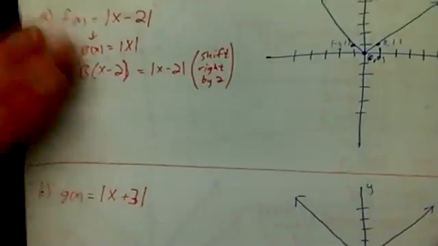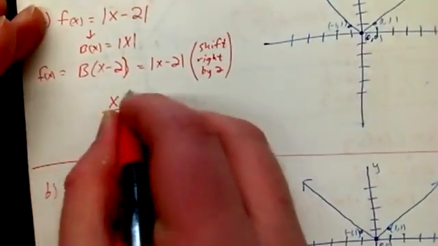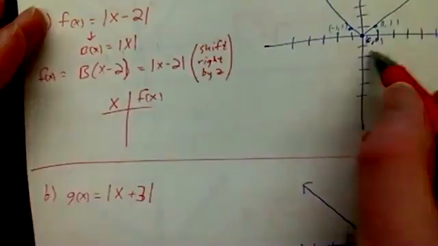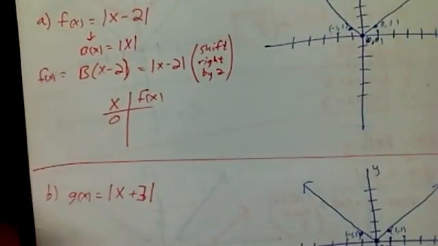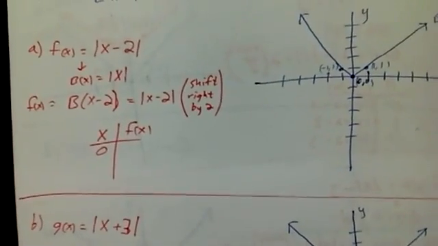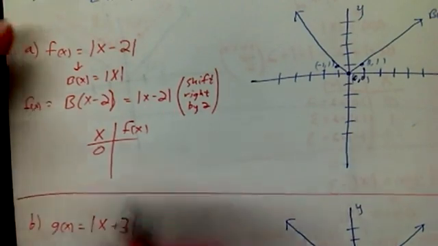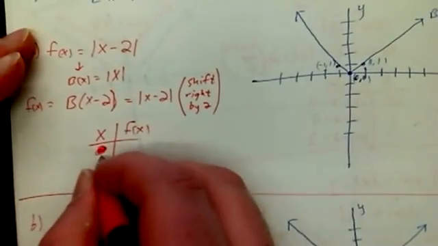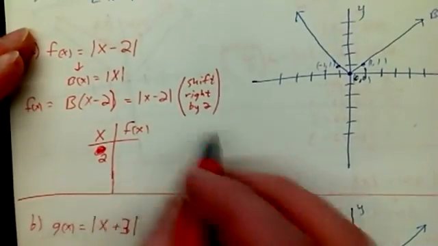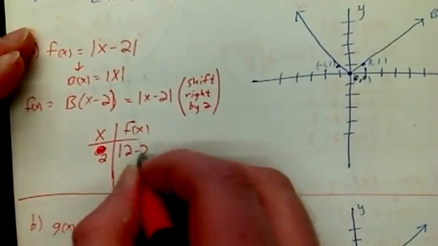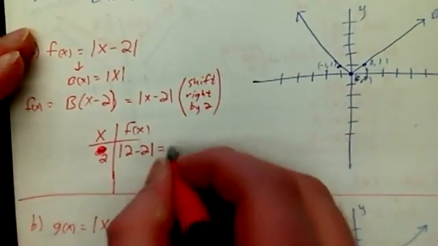Just to see if we can feel confident about this, let's do the table. If I put in 0 for the x, I'm expecting that to change to 2, 0. Actually, let me put in the value of 2. If I put in the value 2, I get absolute value of 2 minus 2, which is absolute value of 0, which is 0.